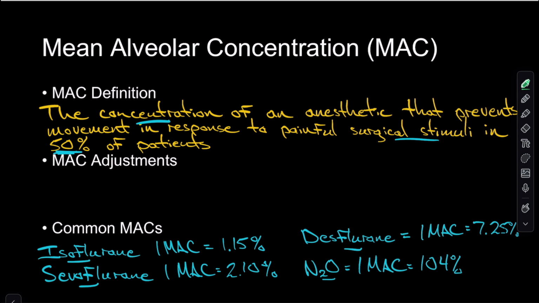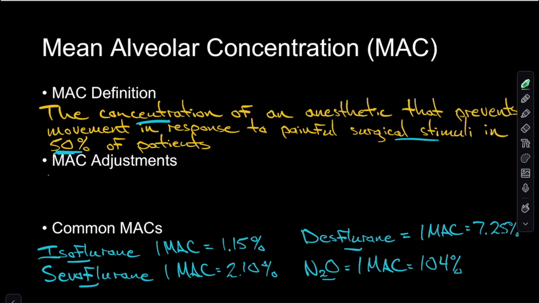So that's another way that you're even further standardizing the effect you'll receive from the concentration of a gas that you're delivering to the patient. That would be one of the factors that influences your MAC.